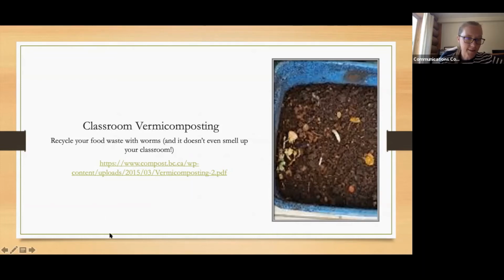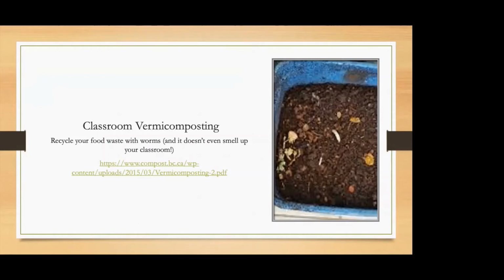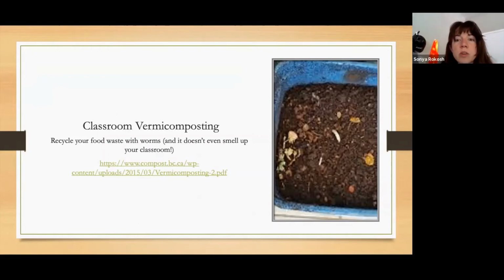Sonia, do you want to say anything? Yeah, sure. Just really quick, because I'm conscious of time. The worms were slightly neglected for a little while, but it's super easy to set up. You just need a bin that is dark. You drill some holes in the sides and underneath, and then you set it up on two pieces of wood, any kind of wood, and have a pie tray underneath to catch any liquid.